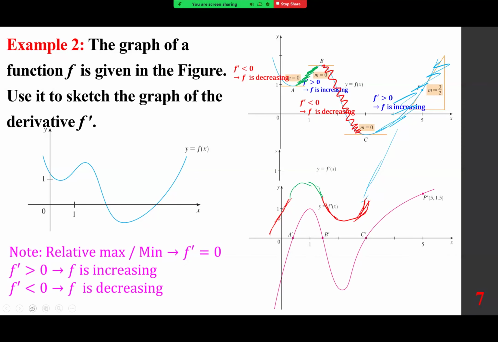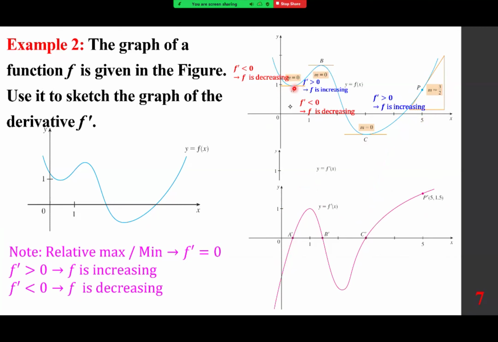Let me clean up the mess and pay attention again. A corresponds to A prime 0, B corresponds to B prime 0, and C corresponds to C prime 0. And this pair 5 comma 3/2 or 5 comma 1.5. To the left of A, decreasing, below the x-axis.